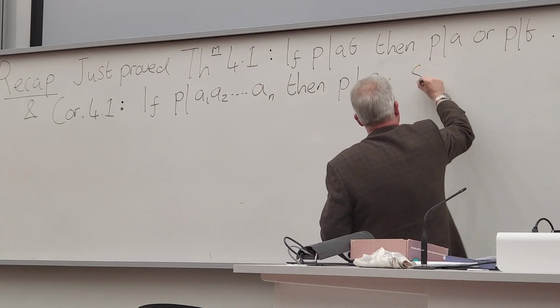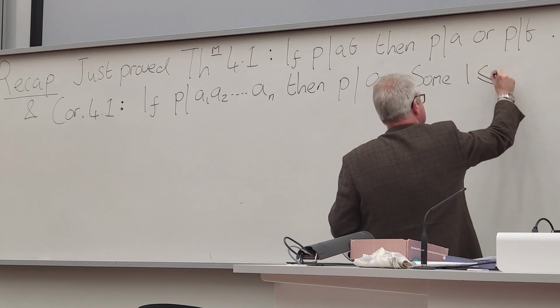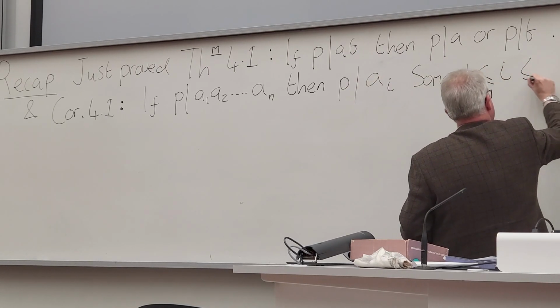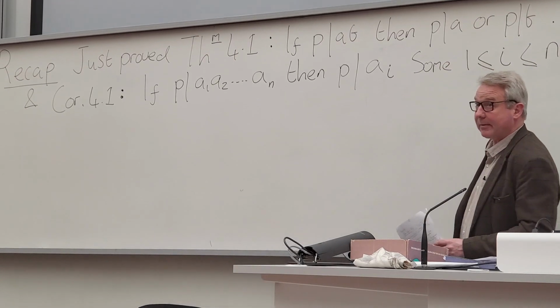So let's say it divides Ai for some 1 less than or equal to i less than or equal to n. So that's where we got to.